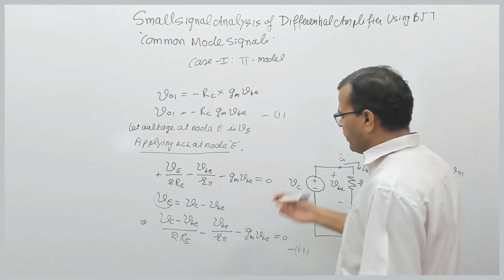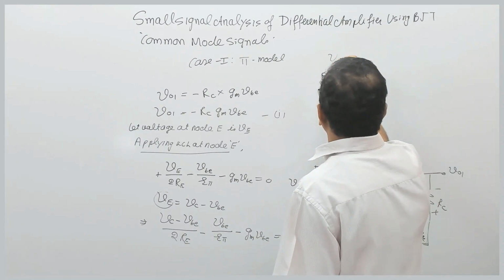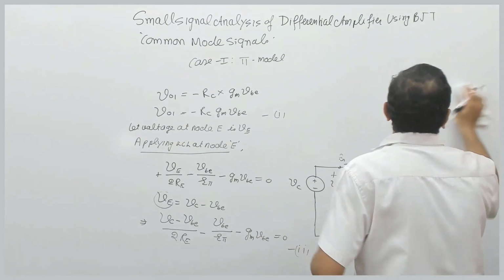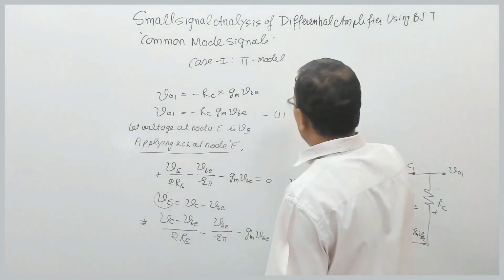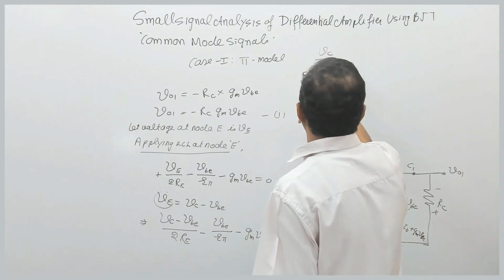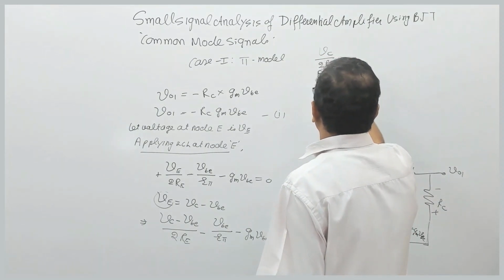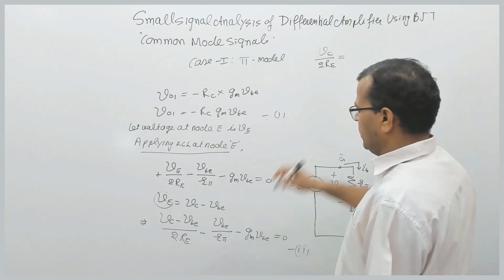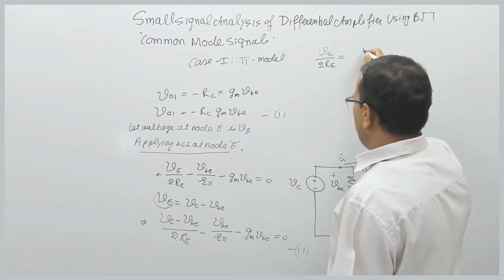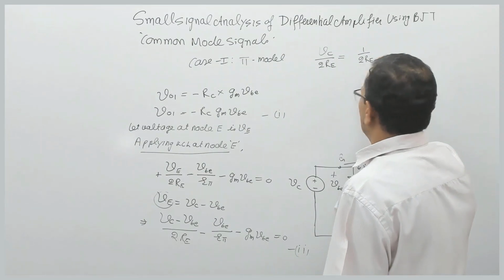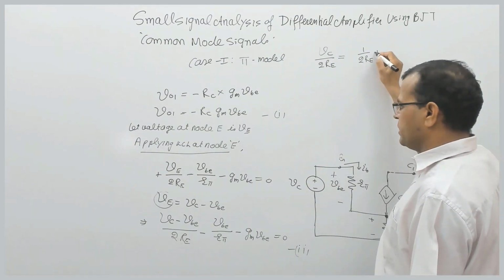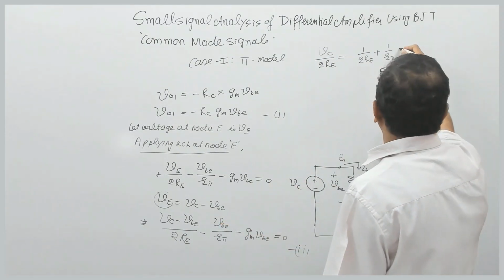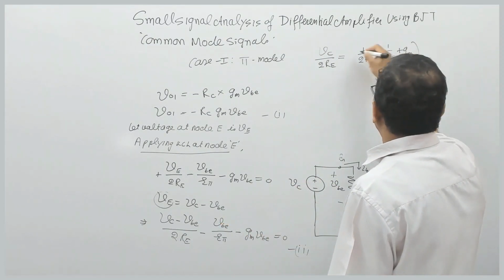So here what do we get? I can relate VC in terms of VBE, so I'll write VC upon 2RE, right, equal to 1 upon 2RE, plus 1 by r pi, taking that on the right hand side, plus gm, into VBE.